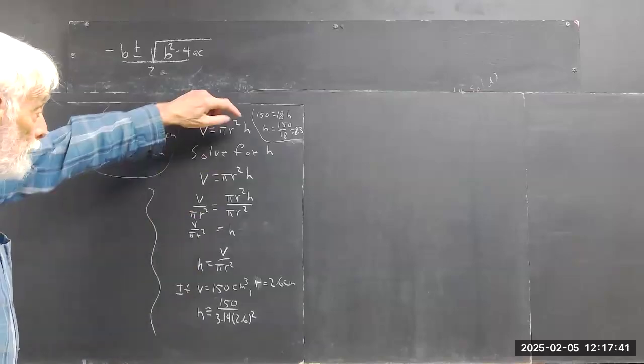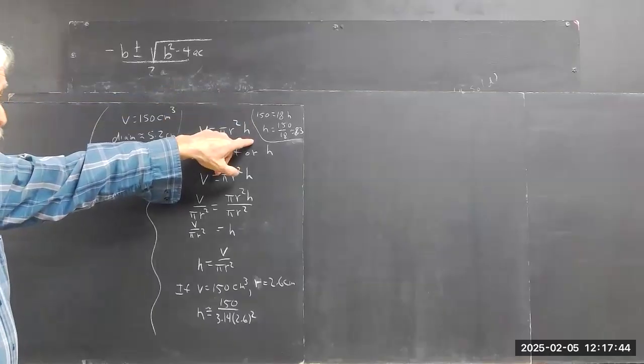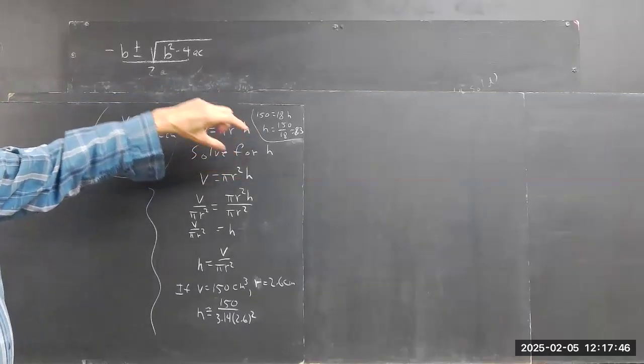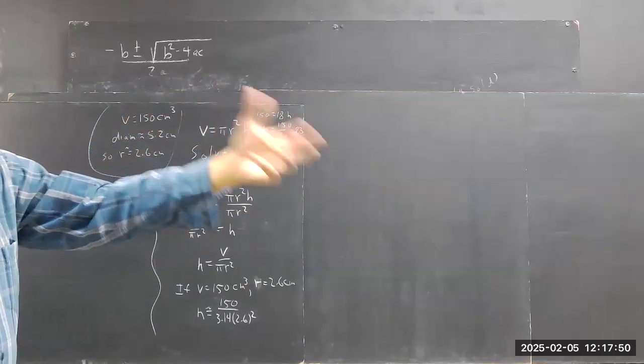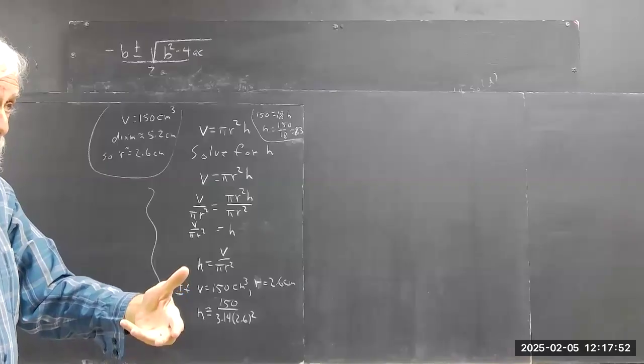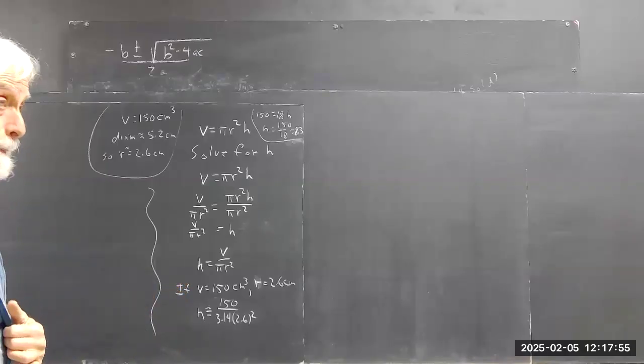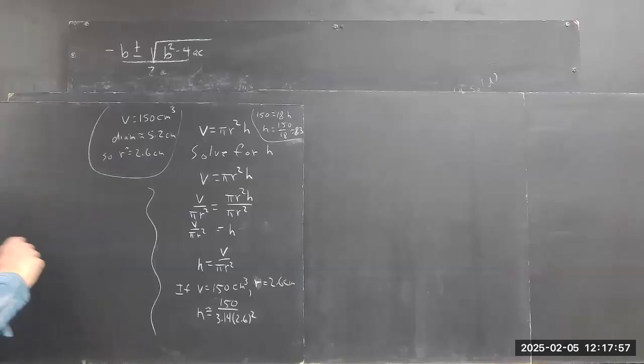Here we divide because the pi r squared is multiplied by h, right? If it had been pi r squared plus h, then I'd have subtracted pi r squared from both sides, right? Okay. You see plenty of examples.